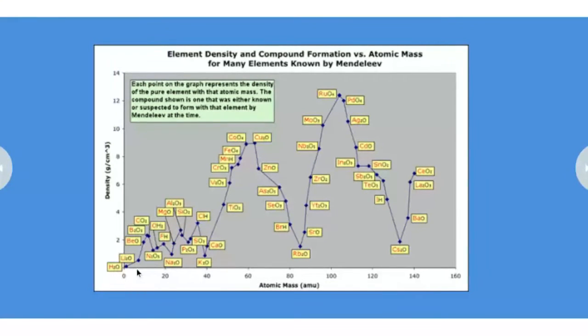So here, if we look at the density of the element, here's potassium, calcium is less dense, titanium, vanadium, chromium. As we go across the periodic table, the density is going up, and then it starts to go down. And the density is in grams per cubic centimeter.